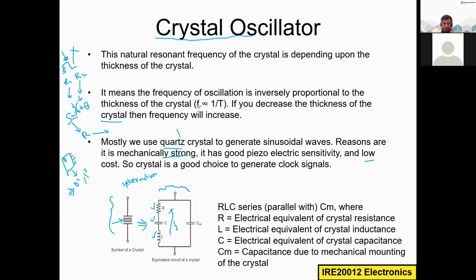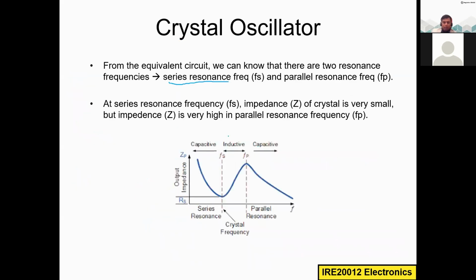So we can use this crystal in two different modes, either series mode or parallel mode. At series resonance frequency, the impedance of the crystal is very small, meaning the opposition to the current flow is very small.